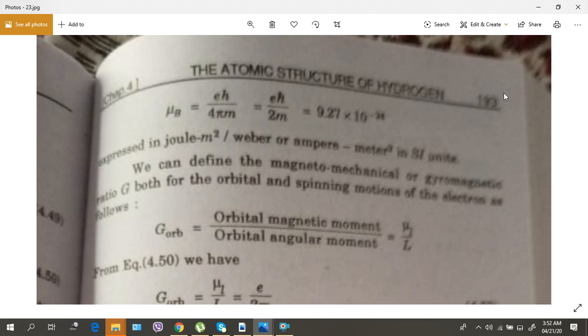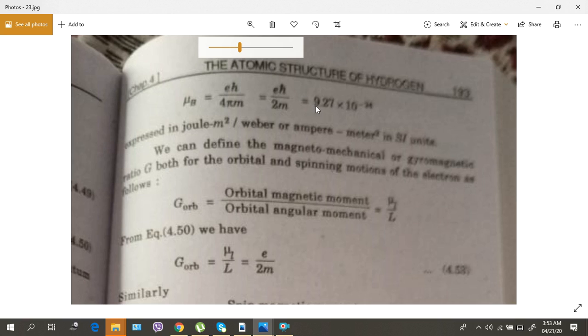You can see mu B is equal to eh over 4 pi m. Mu B is again equal to eh over 4 pi m, whereas mu L is equal to eh over 4 pi m, that is e h-cut over 2m. Its value is 9.27 times 10 raised to power minus 24, expressed in joule meter square per weber, or ampere meter square in SI units.